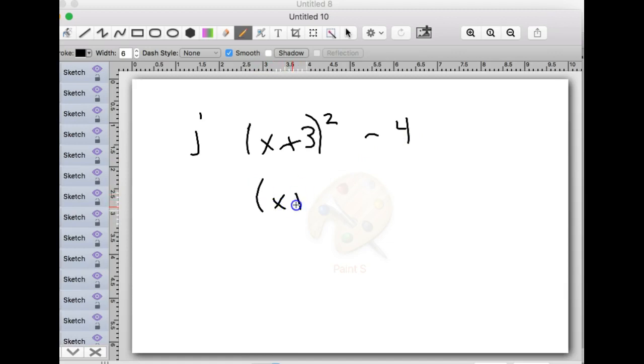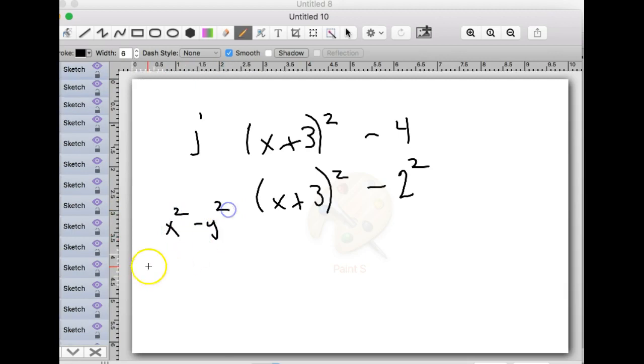So that's x plus 3 squared minus 2 squared. The difference of two squares: x plus y, x minus y.